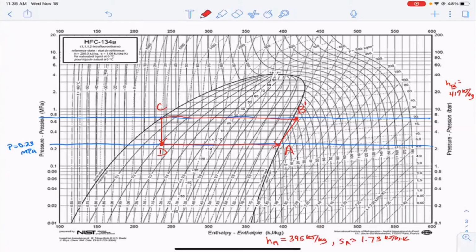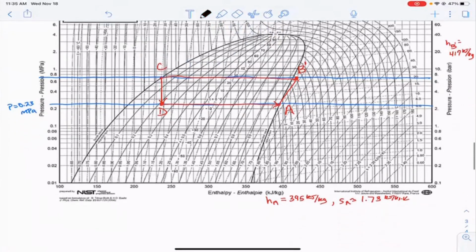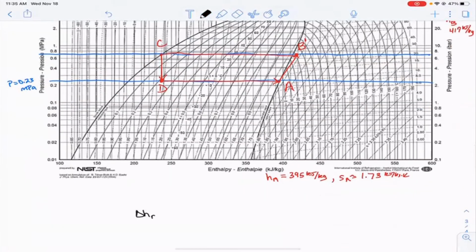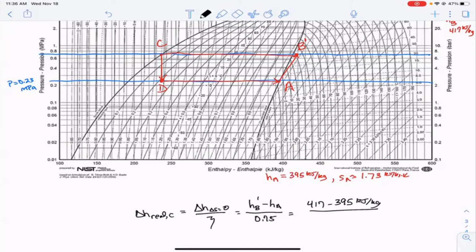Well, if we remember for a compressor that delta H real for the compressor is equal to delta H for the isentropic case divided by the efficiency. And so we know then that delta H when delta S is equal to 0 is this HB prime that we found minus A, and we know the efficiency is 0.75. So that's just 417 kilojoules per kilogram minus 395 kilojoules per kilogram divided by 0.75.